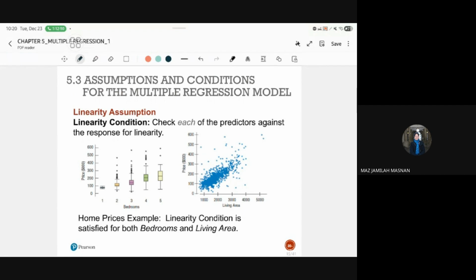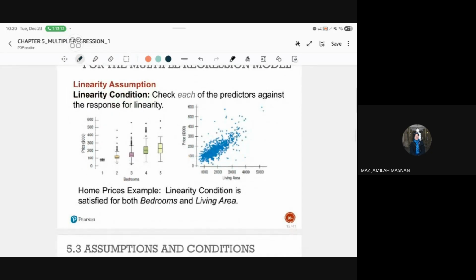If we want to go further in the discussion, there would be more we have to include in explaining the assumptions of this particular model. So let us make it simplified for you. For simple linear regression or multiple regression, the first assumption is that it needs to be linear.